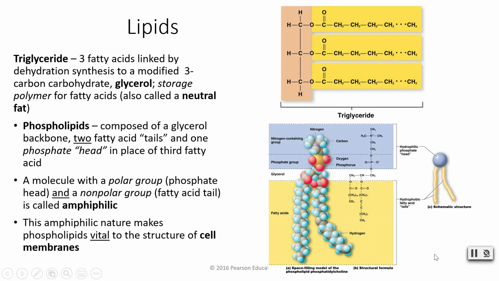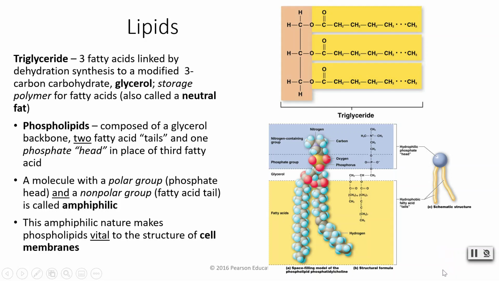Now, this is useful to us because if, for example, this is our top layer on the outside of our cell, our extracellular fluid contains a lot of water. Well, coincidentally, our hydrophilic heads are okay with that. If we pictured our second layer, our head would also be down here.